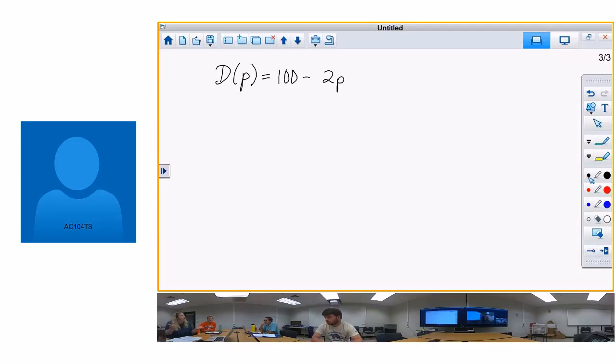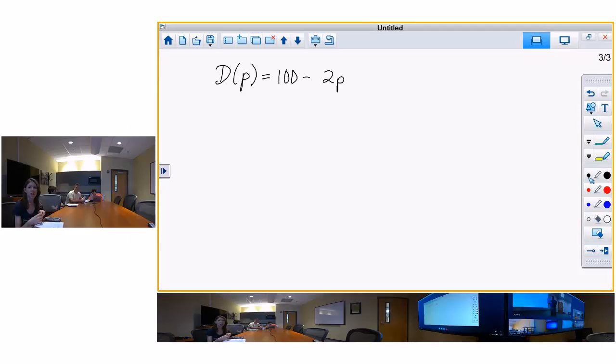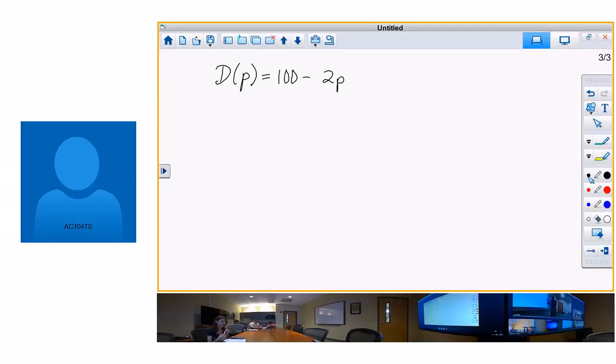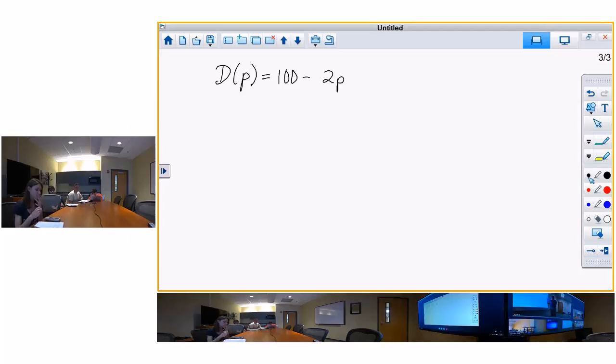The market price. Well, that would be the max price where no one would buy it. Yeah, then that would be what, $50? You still need the demand to figure it out. Yeah, the demand is 0.